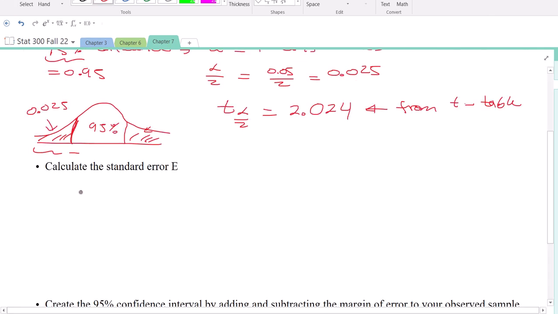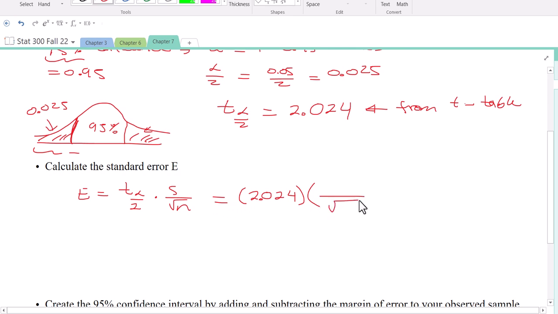We have said our standard error is the critical value, t sub alpha over 2, times the standard deviation of the sampling distribution, so that from the central limit theorem is S over the square root of n. So then this is going to be 2.024, the critical value that we found from the table, times S divided by the square root of n.